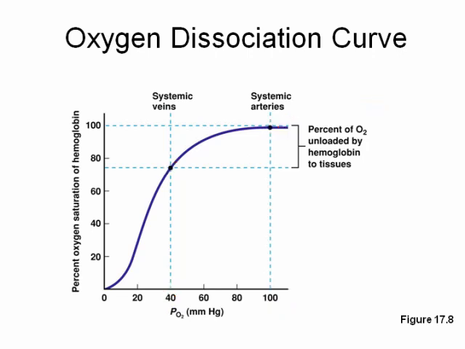saturated. So think about this. We're moving from the systemic veins to the systemic arteries. As the blood is circulating through the system, we're having fairly small changes in the saturation of hemoglobin. It's still maintaining at least 75% or greater saturation. What is it going to take to have hemoglobin become less saturated?